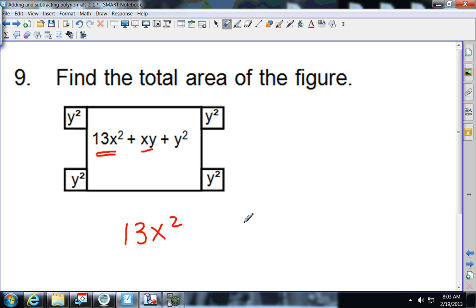There's no other xy's. So I put plus xy. The last one is y squared. Well, I have 1y squared, 2, 3, 4, 5y squared. So my answer would be 5y squared, and that's all you would do to find the total area of the figure.